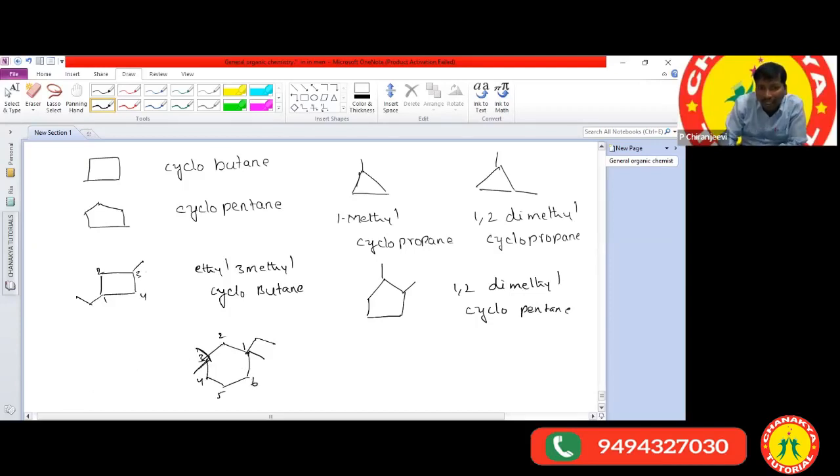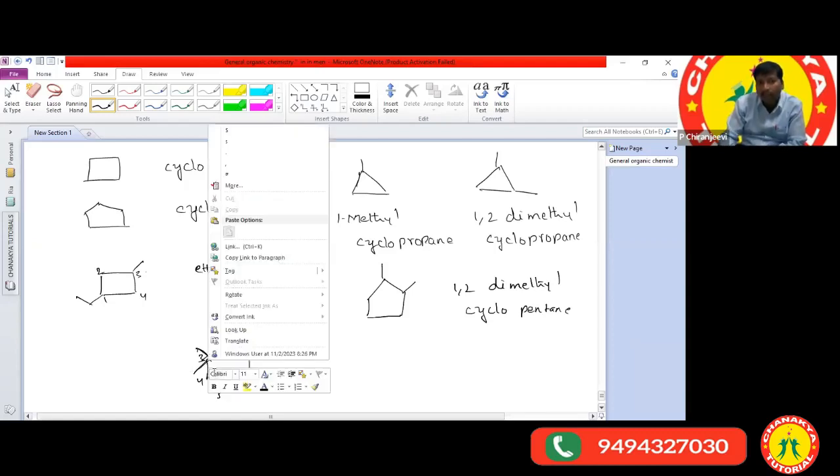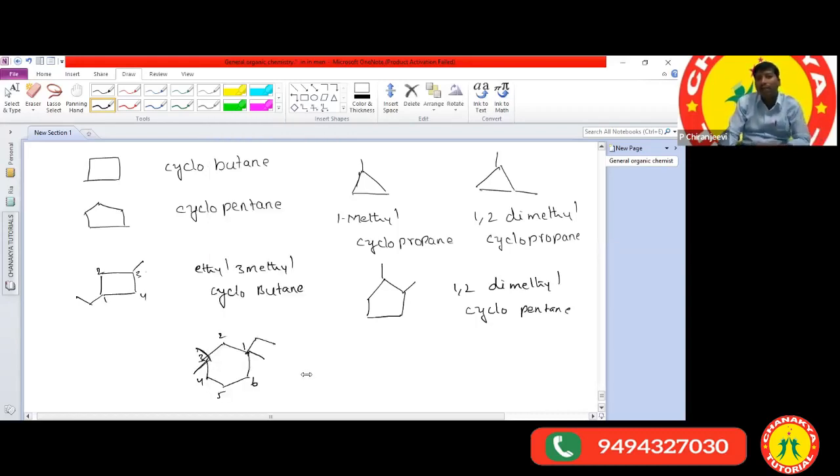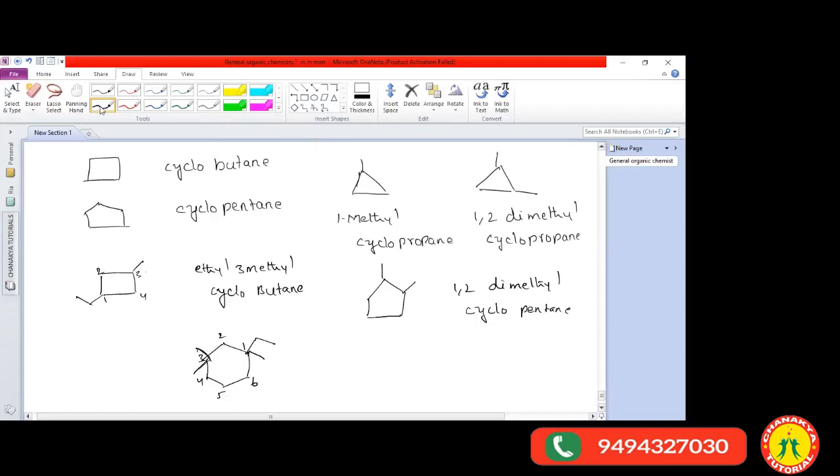These two single lines are nothing but methyl groups only. A methyl group is attached to this carbon atom. According to that, what is the IUPAC name? 3,3-dimethyl, and one more is missing.